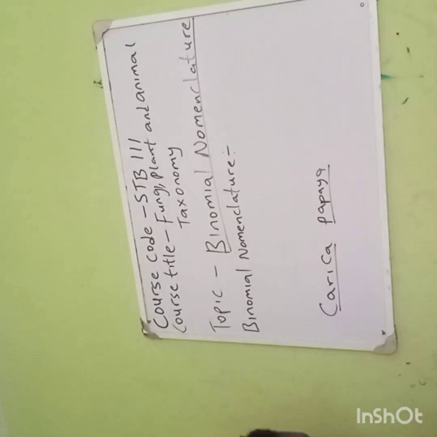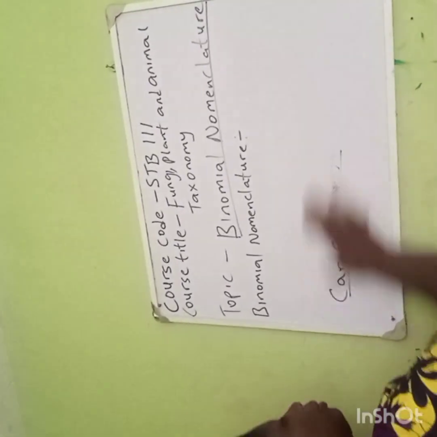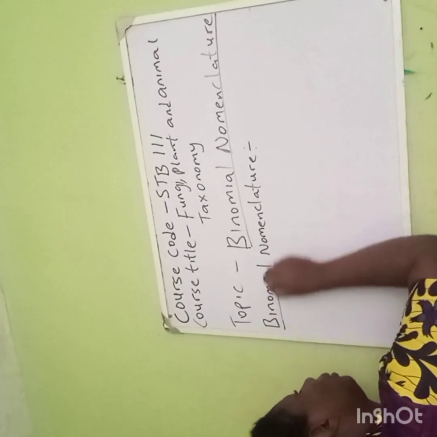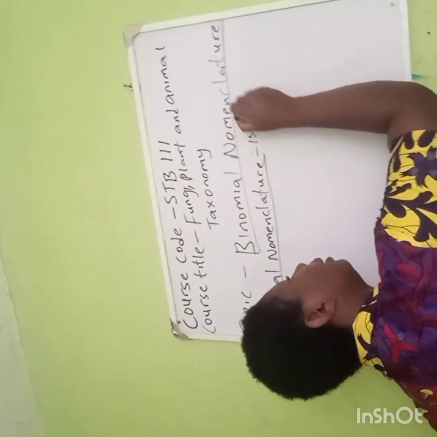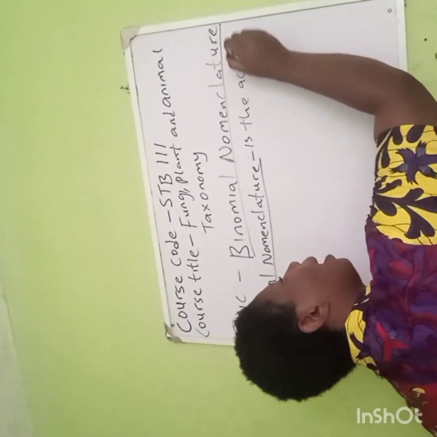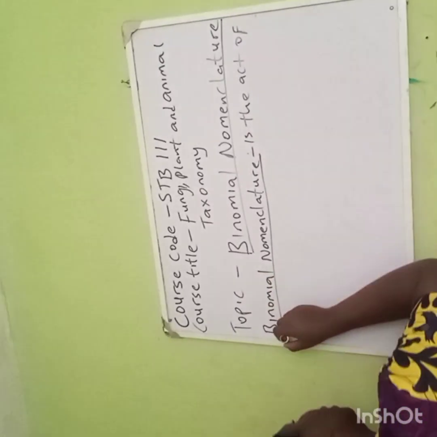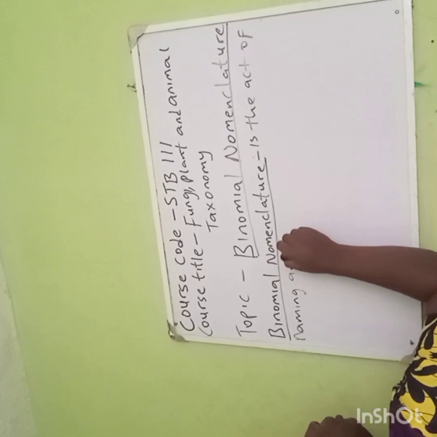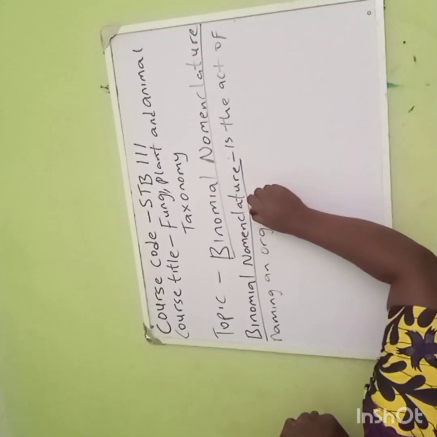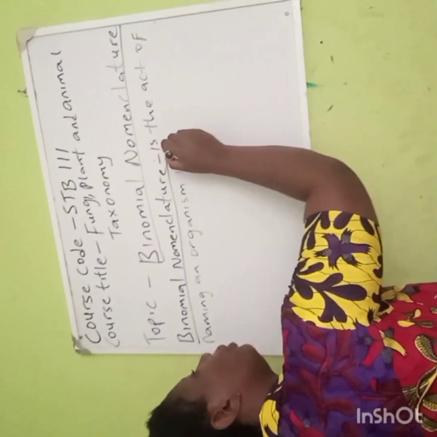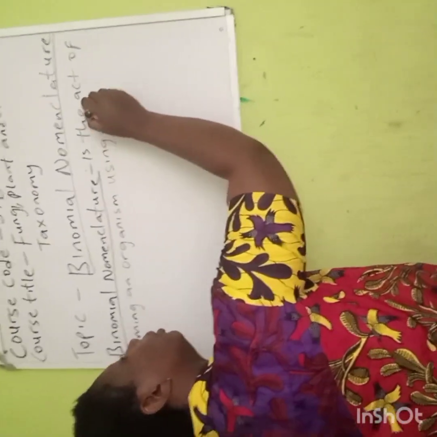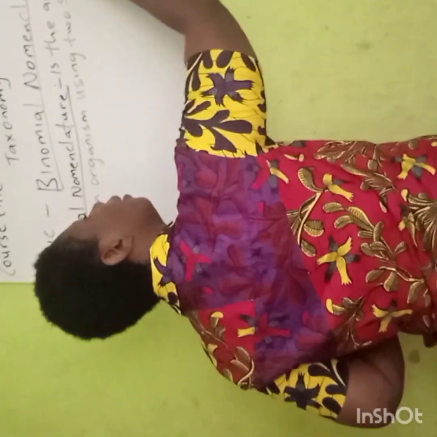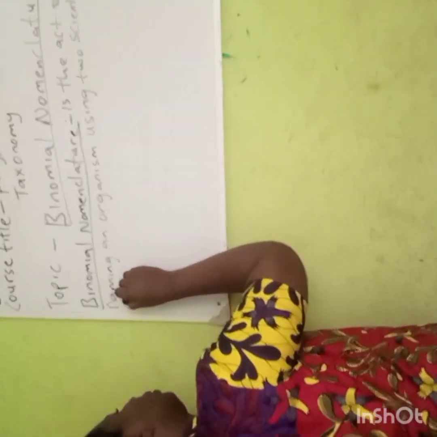So the binomial nomenclature, let me put it down: the binomial nomenclature is the art of naming an organism using two scientific names.